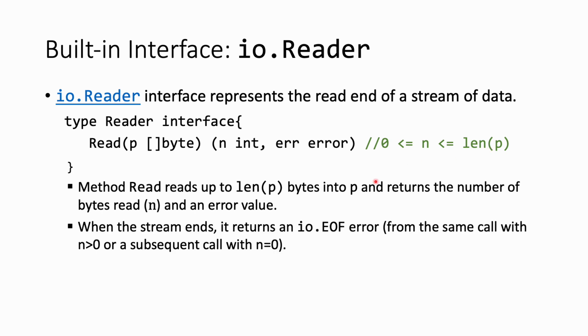When the stream ends, the Read method returns an io.EOF error, which is short for end of file error. However, it may return the io.EOF error from the same call along with the positive number of bytes read, or return the io.EOF error from a subsequent call with n equals 0.